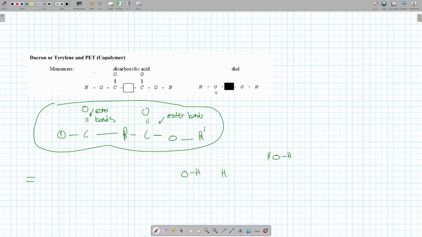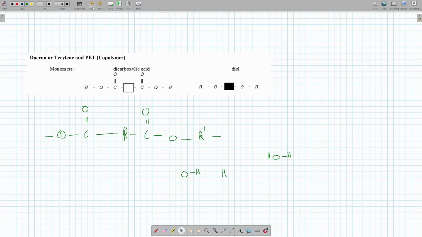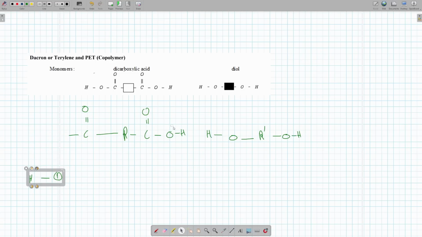Just to fix something. Actually, when taking everything out, I did it correct, but just to make sure it's perfect: when taking it out, it's preferable to take the OH out of the carboxylic acid, and then only the hydrogens out of the alcohol.